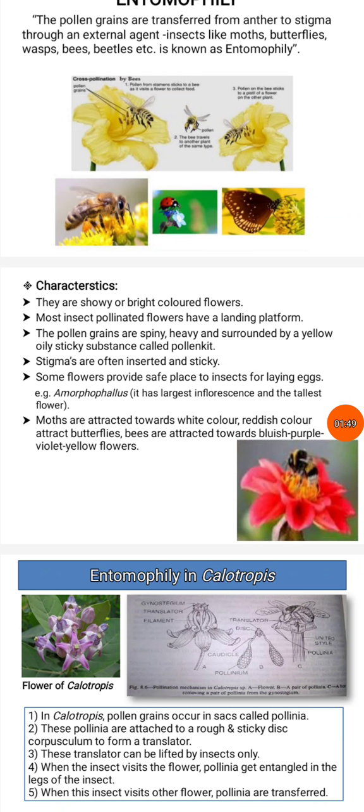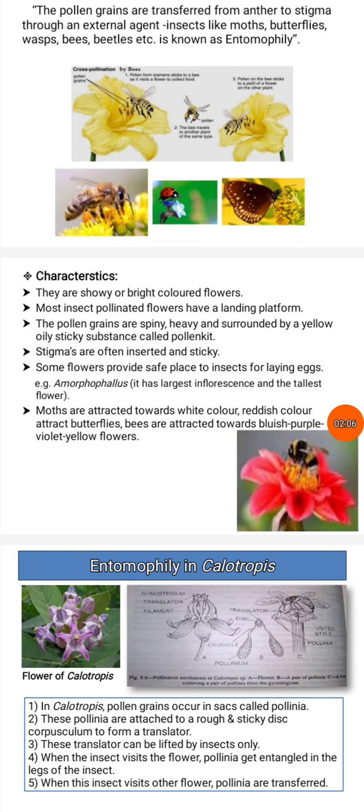Again, the pollen grains are spiny, heavy, surrounded by a yellow oily sticky substance called pollen kit. Then stigmas are often inserted and sticky.